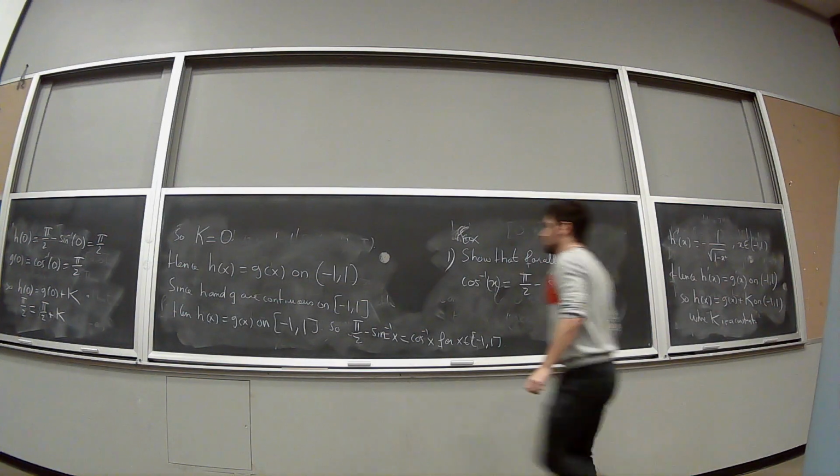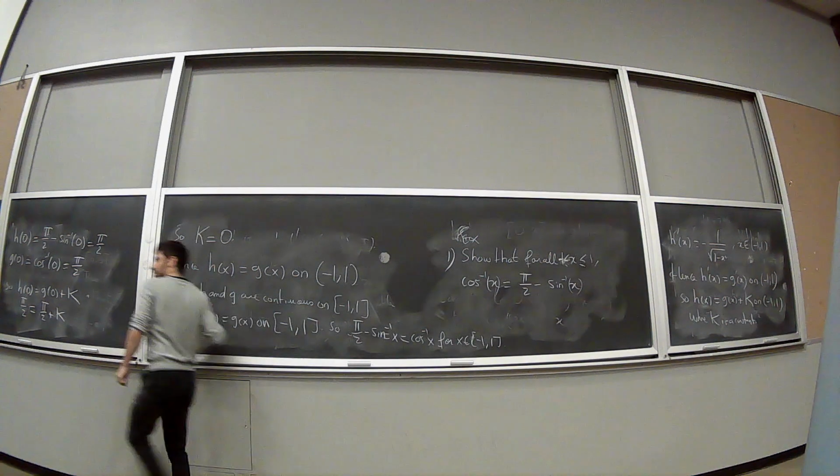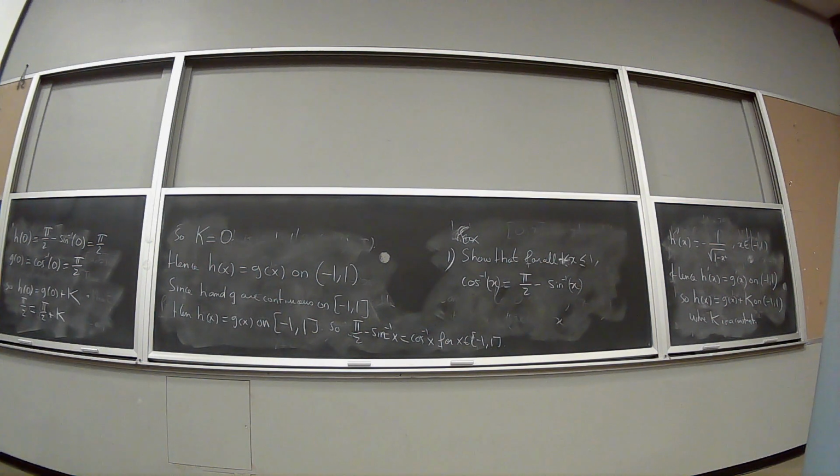Great. Now let's do one more. Should we do one more? Shall we do one more like this? Let's do one more like this. I've written it. So it's arc sine of tan h of x.